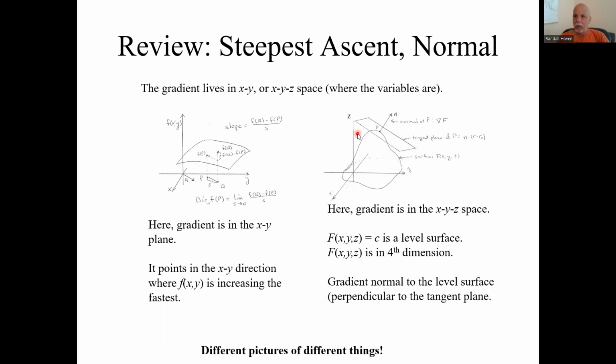The function in this case would be in the fourth dimension, and I can't draw it. If you set that function equal to a constant, then you get this surface in x, y, and z space. And there the interpretation of the gradient is this normal direction. It might take a while to sink in. Two interpretations of the gradient. Two different pictures of two different things.